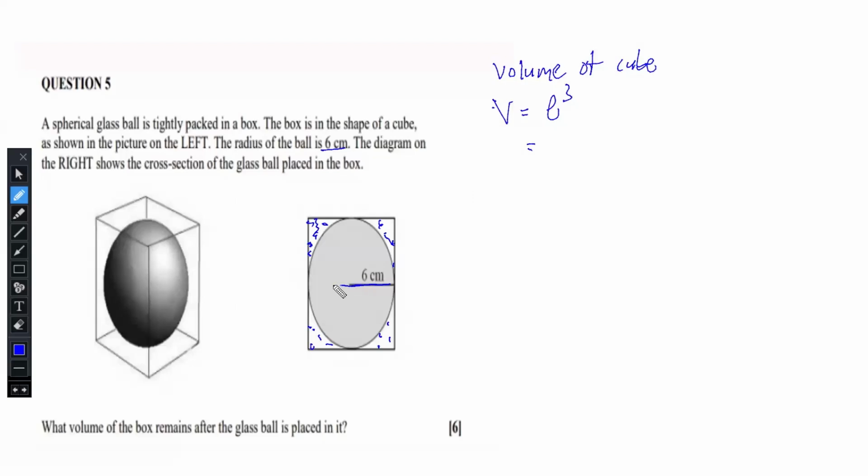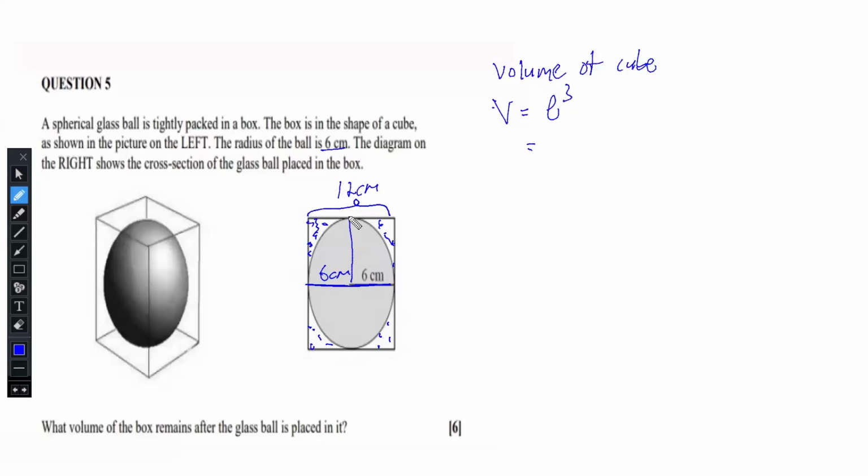But looking at the diameter of the ball, we can see that the diameter of the ball is exactly equal to the length of the cube, right? So if this is 6 centimeters and here this would be 6 centimeters, that means the length of the cube would have to be 12 centimeters.